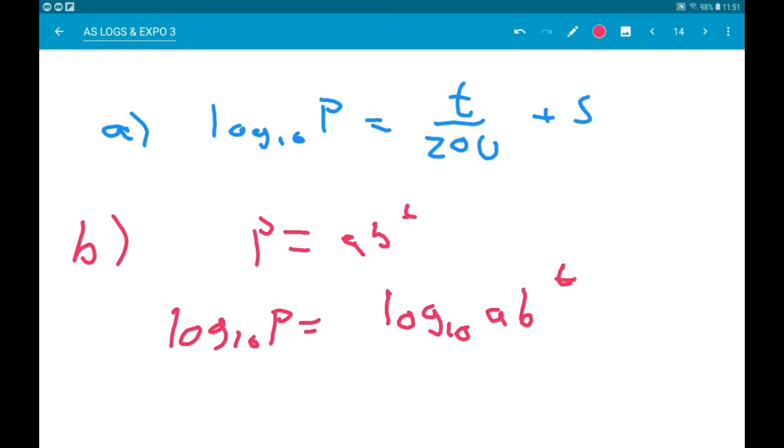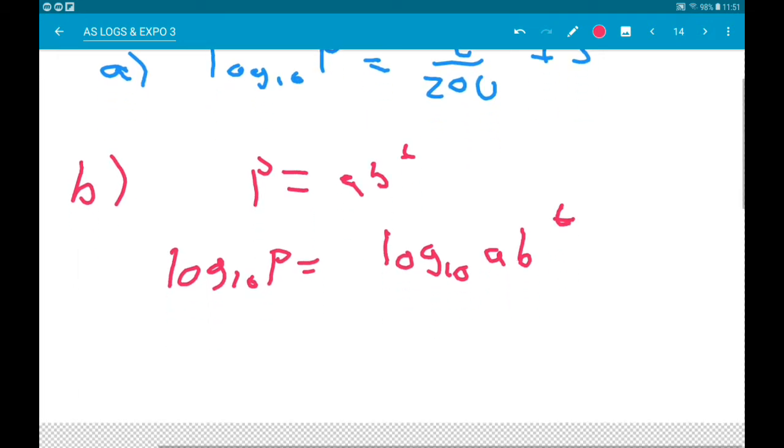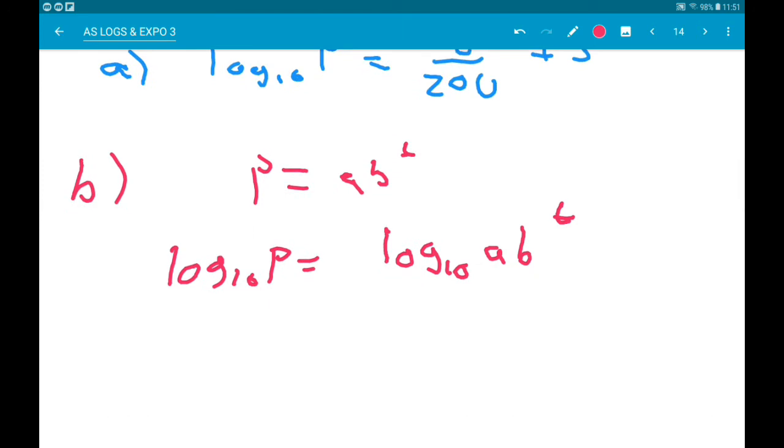Now we need to split the log on the right, so we can say that that is log 10 a add log 10 b to the power t. Now with that second log, we can use the power rule and write it as t log b.